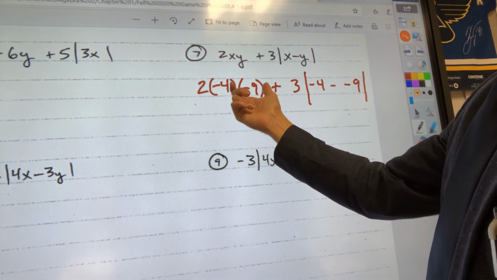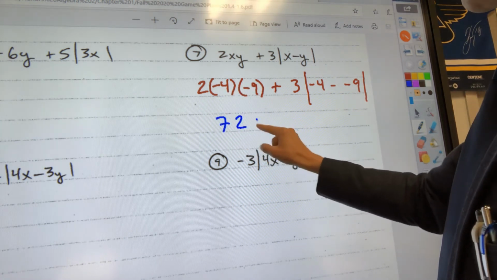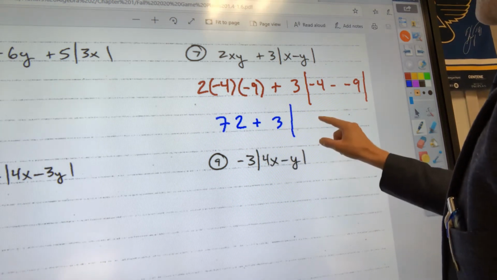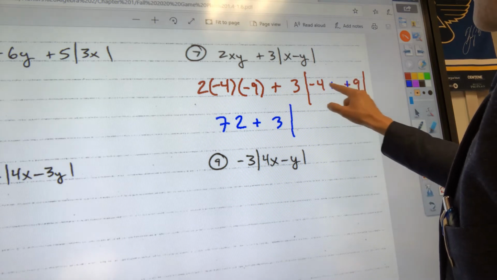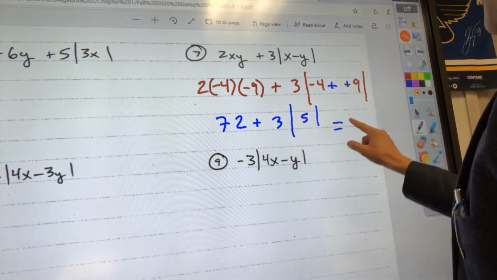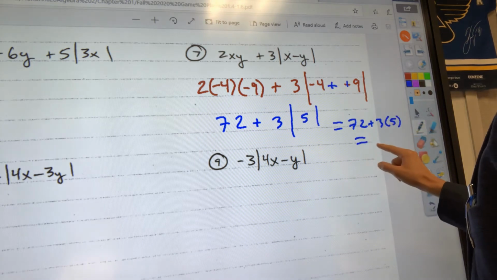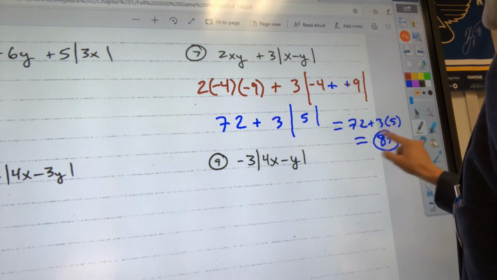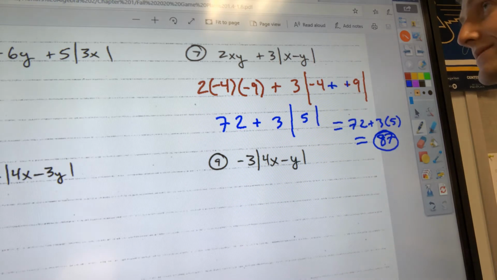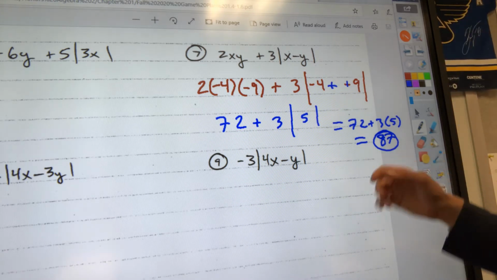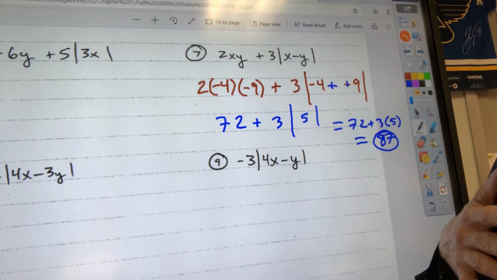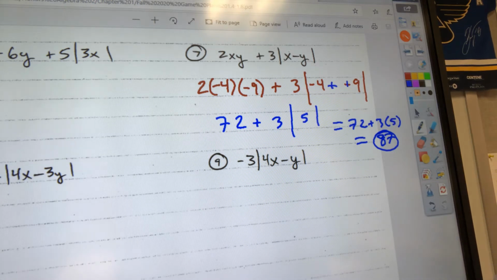You get 36 doubled, 72, plus 3 times negative 4 minus a negative 9, that's a 5. 72 plus 3 times 5 is 72 plus 15, which is 87 for number 7.